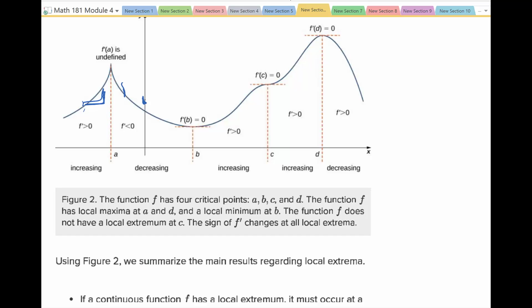Well, you're going to set that equal to 0. So it's negative 6 times, and that can be factored to be (x minus 10) times (x minus 4) equals 0. So x minus 10 equals 0 means x equals 10. x minus 4 equals 0 means x equals 4.